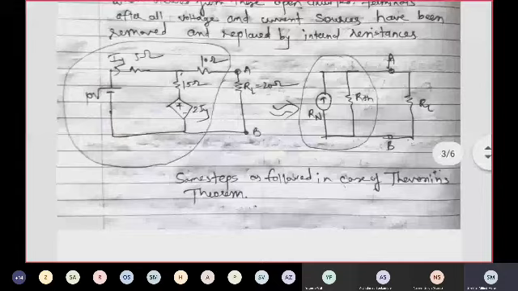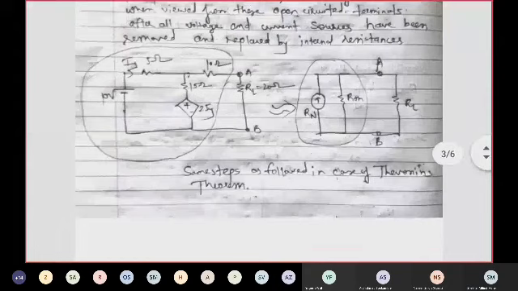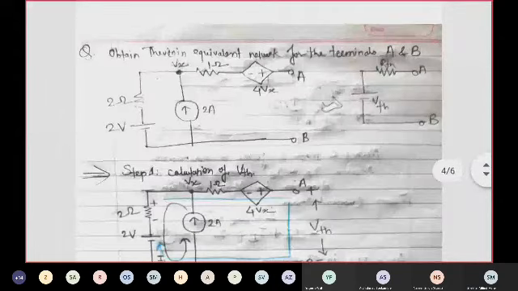This is not RN, this is ISC, and this is RTH. So have you understood this, Thevenin and Norton? Hello? Yes, sir.